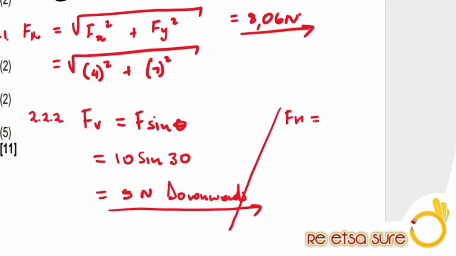F horizontal is equal to F cos theta. And what is the magnitude of F for this one? It is 10. So it's 10 cos, the angle given is 30. So when I press my calculator, 10 cos 30, I get 8.66 Newton.